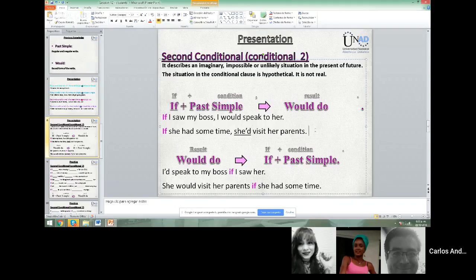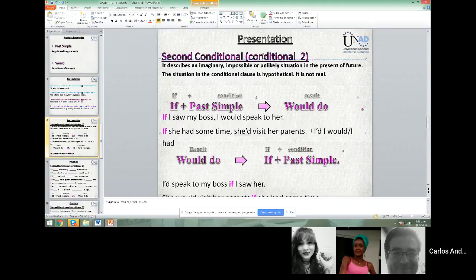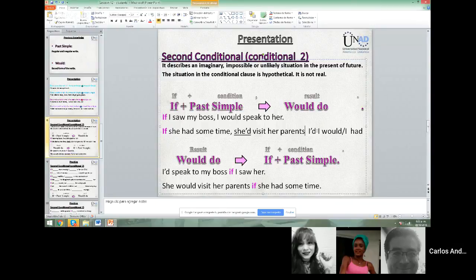The contraction is the same. So, for example, let me show you. You can use this, okay, I'd, and it could mean I would, or I had. Okay, it could mean that. It could be I would, or I had.